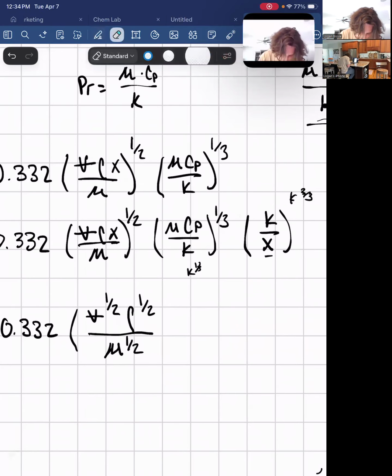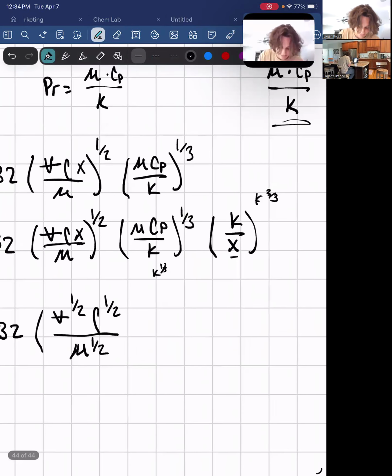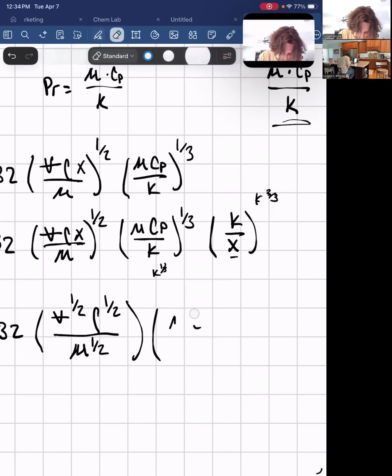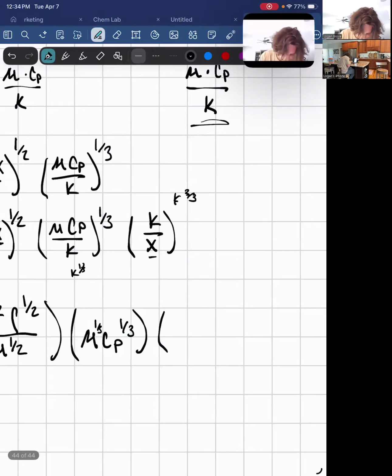And then the X becomes negative, so we're going to pull that out. And so here we get our mu Cp both to the 1/3, times what is now K to the 2/3 over X to the 1/2.